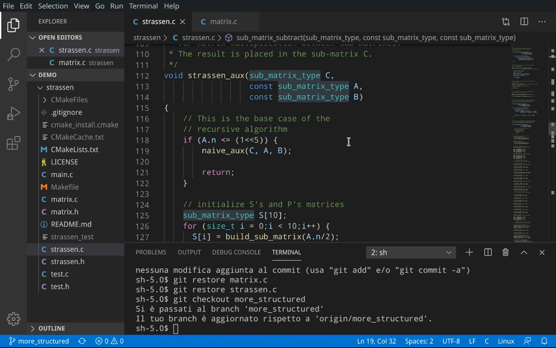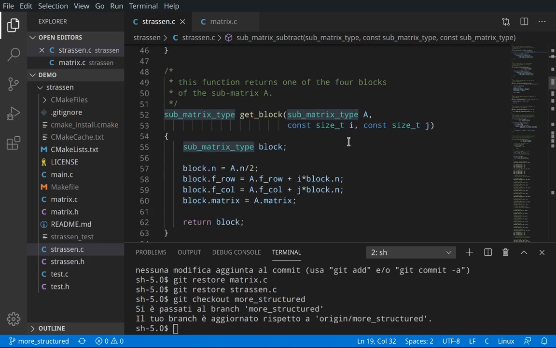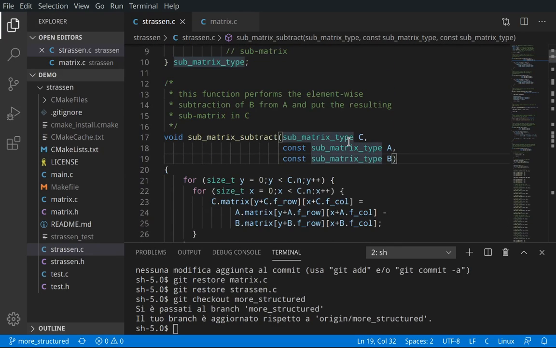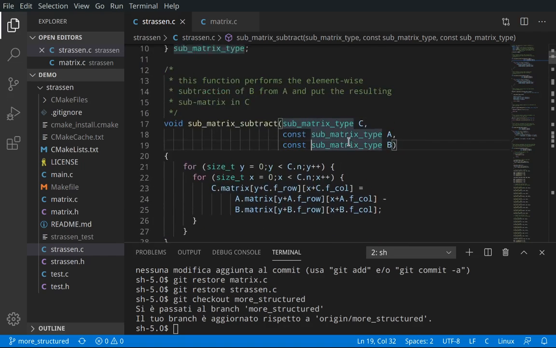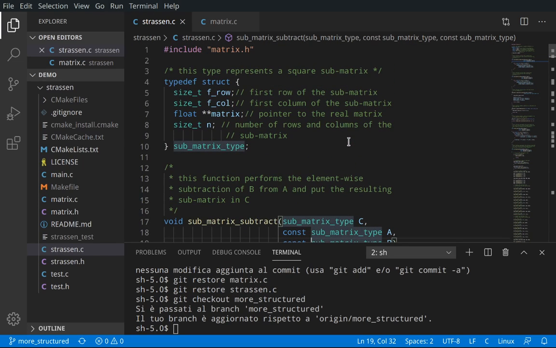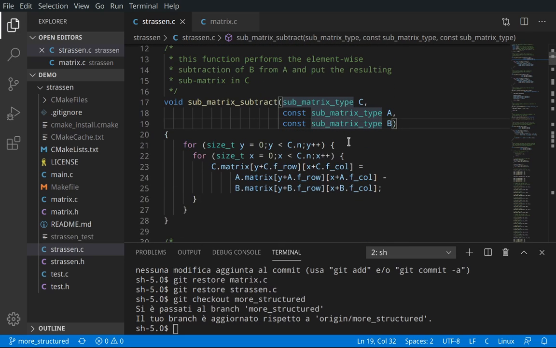Okay, so this is the best thing to do if you are trying to implement the code in a more structured way. For instance, it would be my choice if we were developing the code in C++, because of course I can also override the index function, and so I can sum up the element of the submatrix A and the element of the submatrix B in a much easier way.